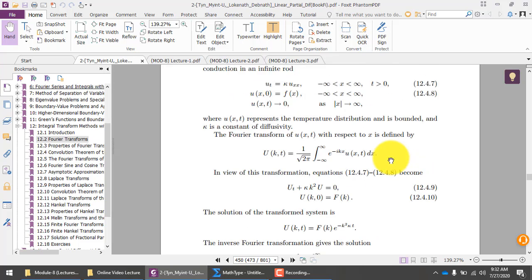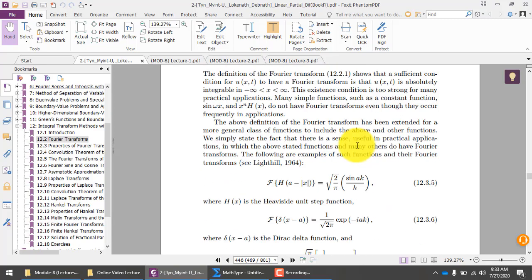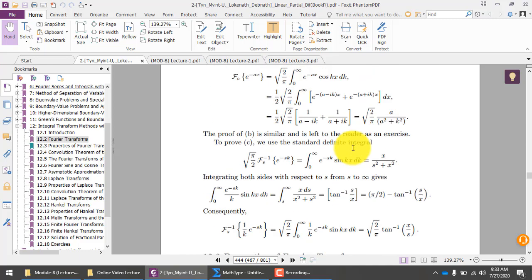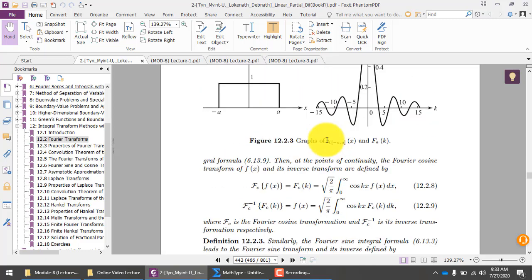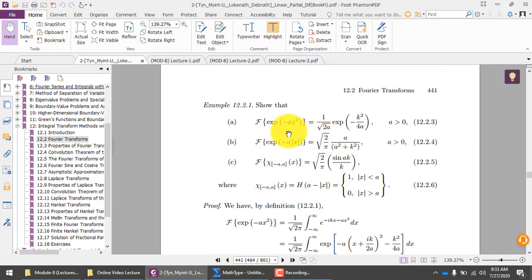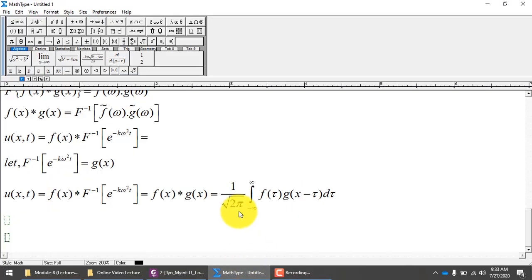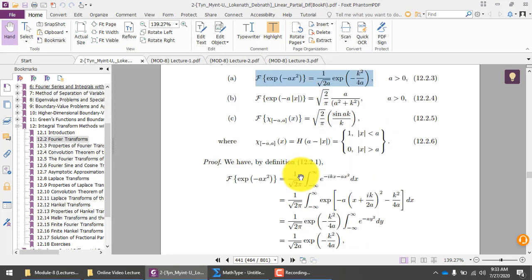If you go to the examples in the previous pages, the three examples which I said you should understand, look, the Fourier transform of e to power minus a x square is e to power minus omega square. We also have omega square. So it's very easy to calculate the Fourier inverse of that kind of expression.